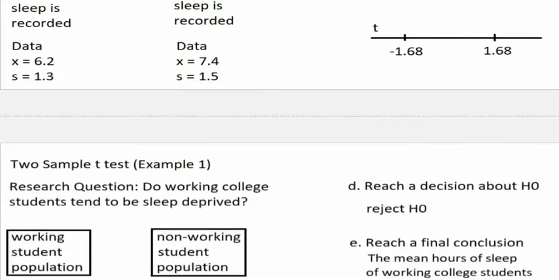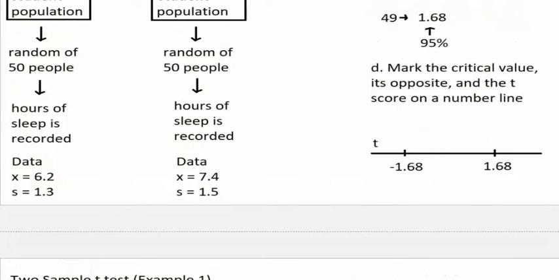So these two, the left area and the right area, are called the rejection regions. I said that they're the negative rejection region and the positive rejection region, and I said that the middle is called the non-rejection region. So if your t-score is at the left end or the right end, you reject the null hypothesis.